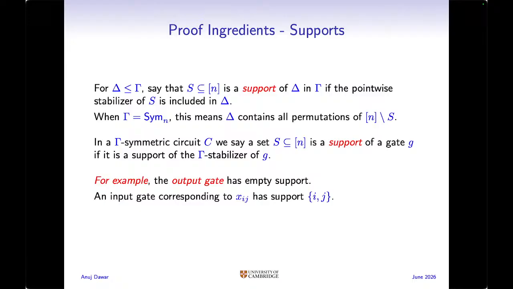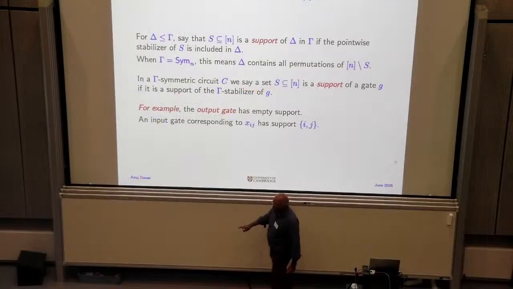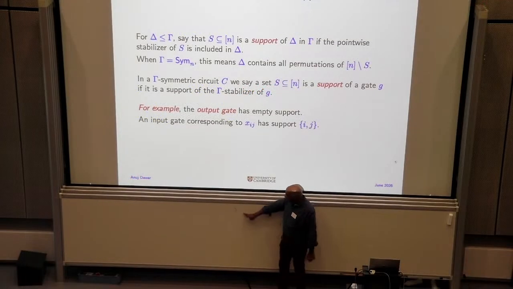The question, just to repeat, is: what is the support of another example, like a product of xij and xik? So you have the product xij, xik, right? Now, any permutation which fixes i, j and k fixes this gate.